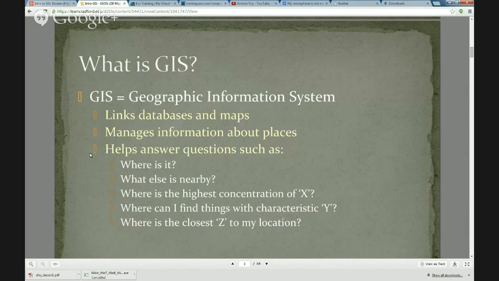For example, we might want to know where something is, or what's nearby, or where the highest concentration of a pollutant is. We might want to know the distance between two related objects, or where a chemical plume is supposed to disperse. So what it really allows us to do is to analyze data, but it allows us to analyze it using the spatial component, and that's where the real power lies.